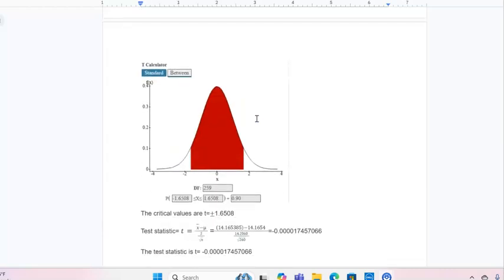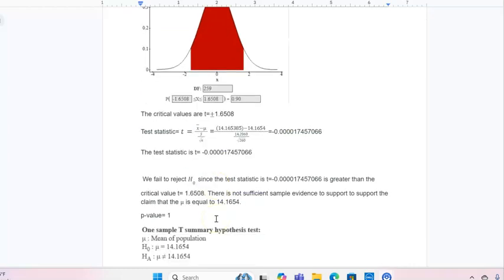Down here below is our calculation within StatCrunch that we gathered for our minimum and our maximum value. Right here is the minimum, right here is the maximum with the 90% confidence interval. And then right here is our df for our data set, which is 259. The critical values are t equals plus or minus 1.6508.